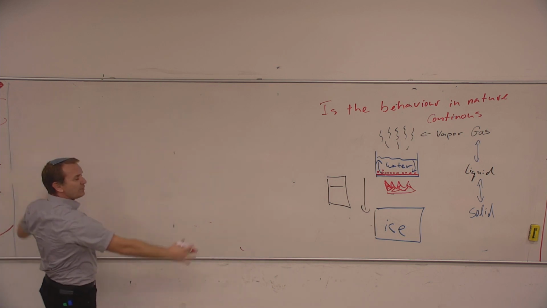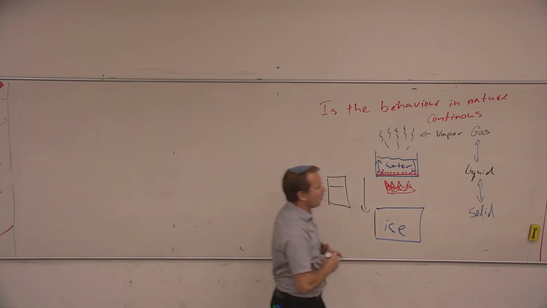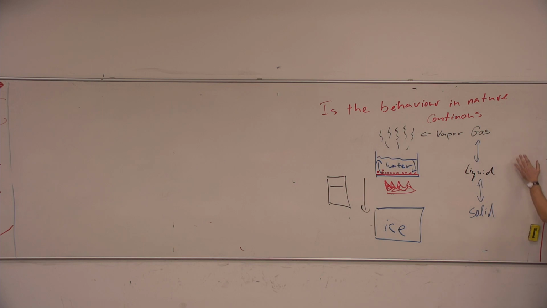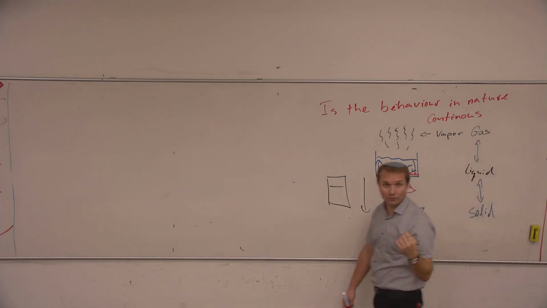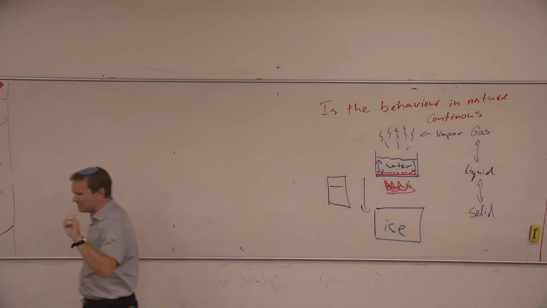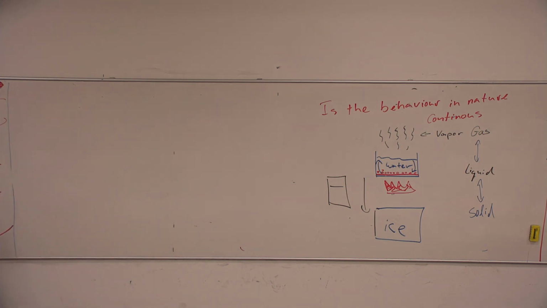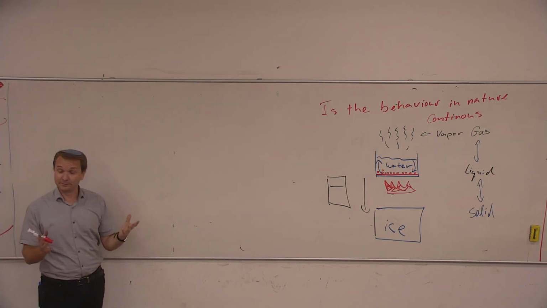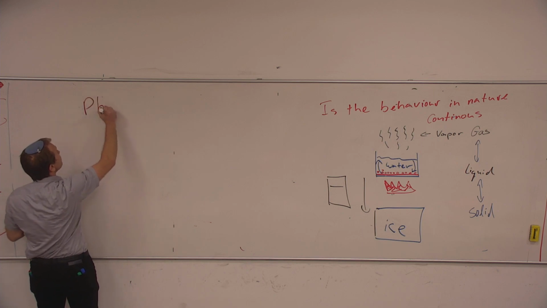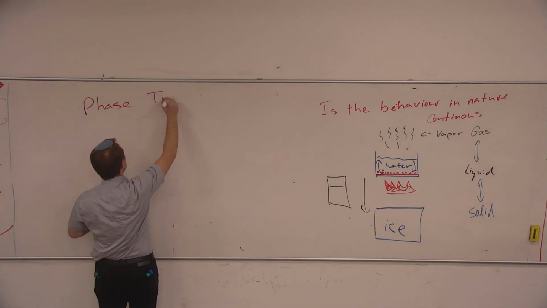All of what I described over here, this transition from one state to another, is a phase transition. This is a liquid phase. This is a gaseous phase. This is a solid phase. All of the phase transitions that we know of, except some very specific and extraordinary points, are abrupt. So we are going to describe phase transitions.